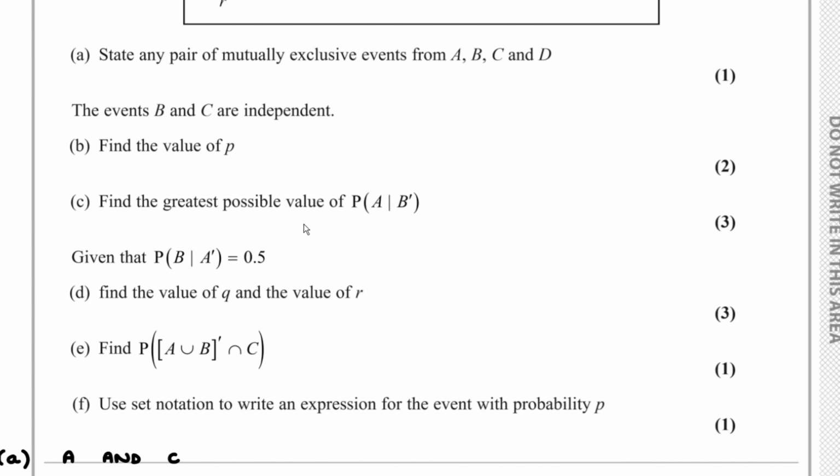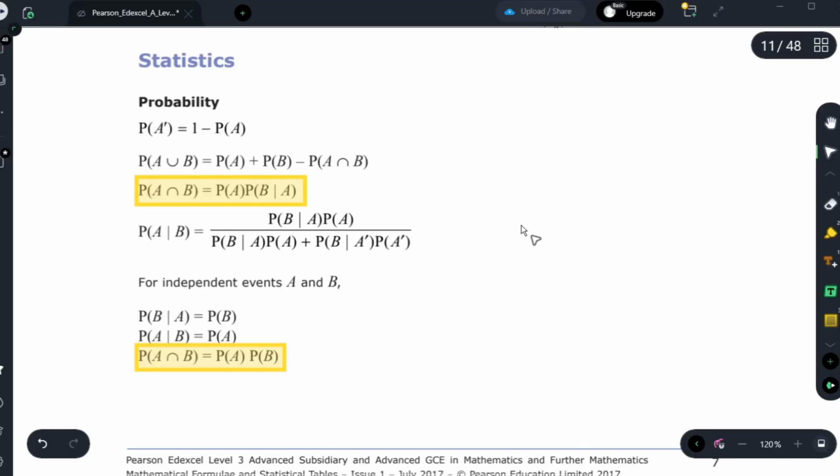Now, for us to find the greatest possible value of the probability of A given not B, we'd have to use this formula here.